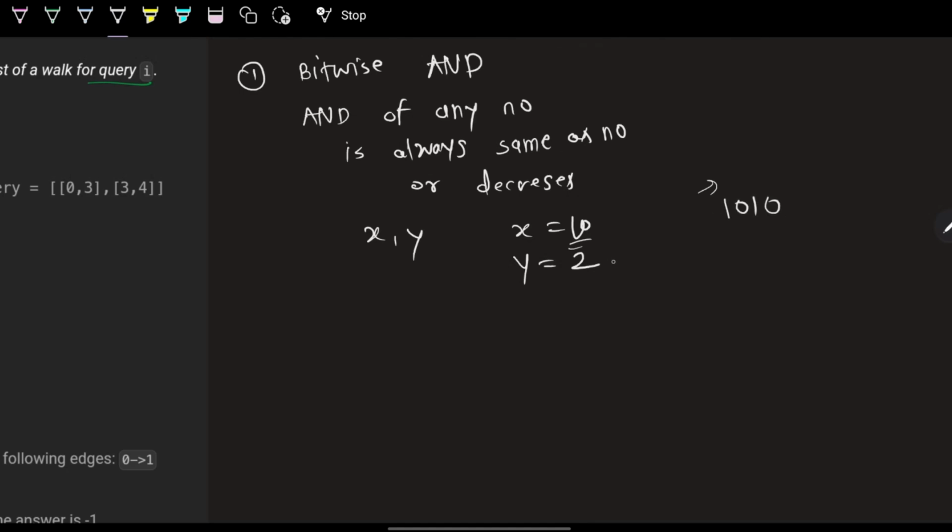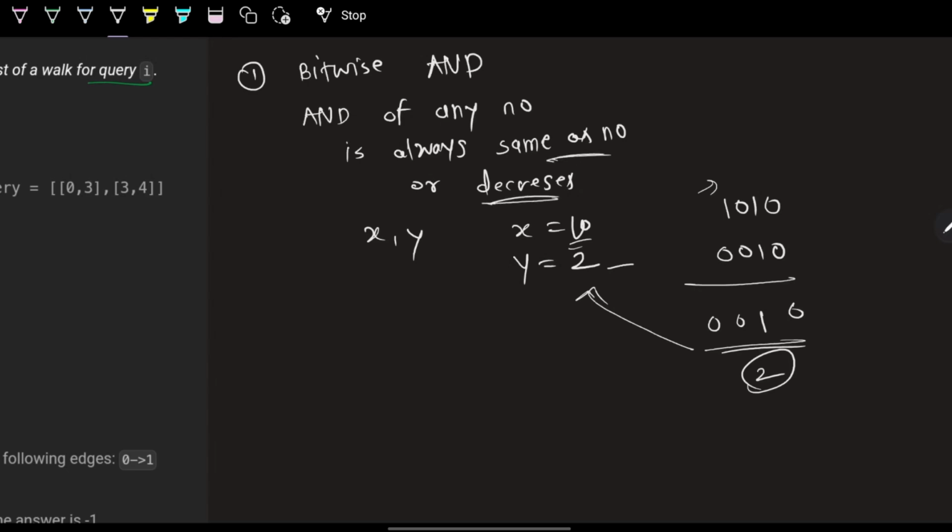This is the representation of 10. The representation of 2 is 0 0 1 0. So the bitwise AND of this is 0 0 1 0, which is basically 2 only, correct? So the bitwise AND of two numbers always decreases or remains the same. And what is our goal?